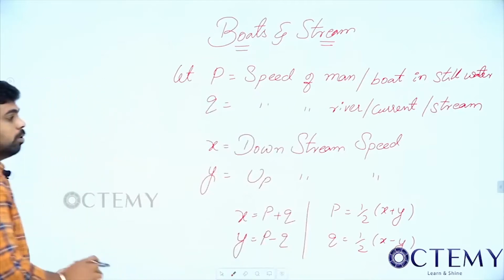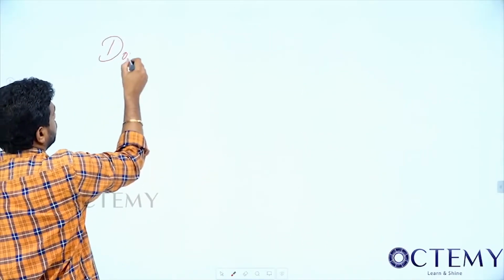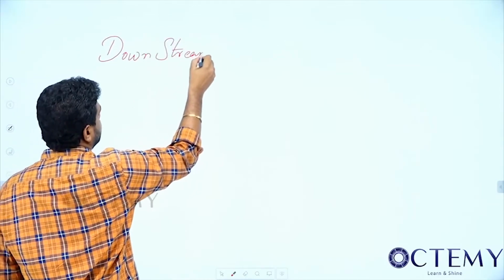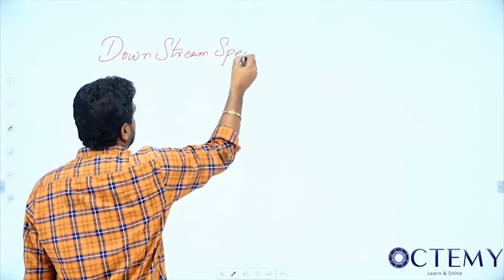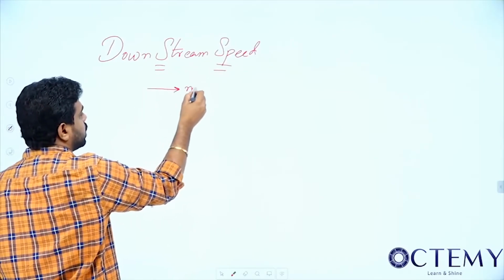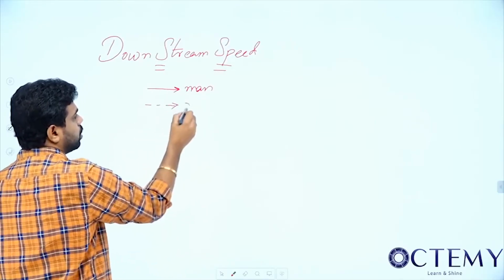See here, downstream. If you take downstream speed, it means that man will be going in this direction and river also will go in this direction only.